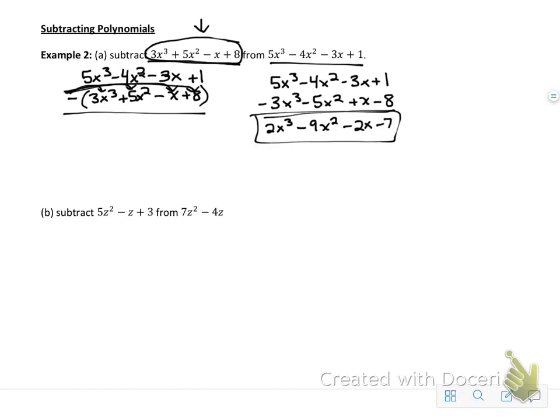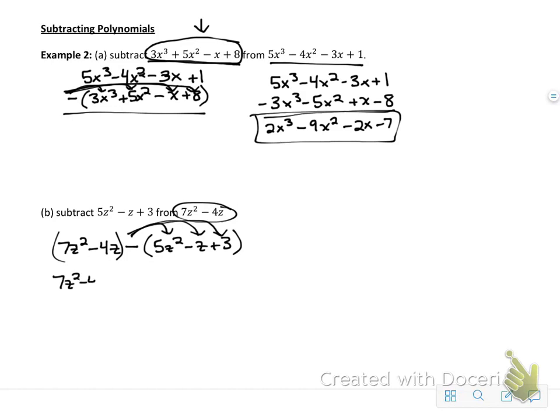So that's our answer. Now if you do this horizontally, then again, this goes first. So we have 7z squared minus 4z minus, and I'll put these all in parentheses, 5z squared minus z plus 3. And you have to distribute. So we have 7z squared minus 4z, just like before, and then we have minus 5z squared plus z minus 3.